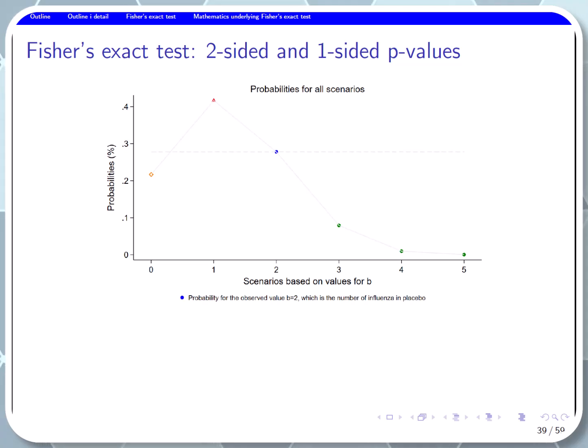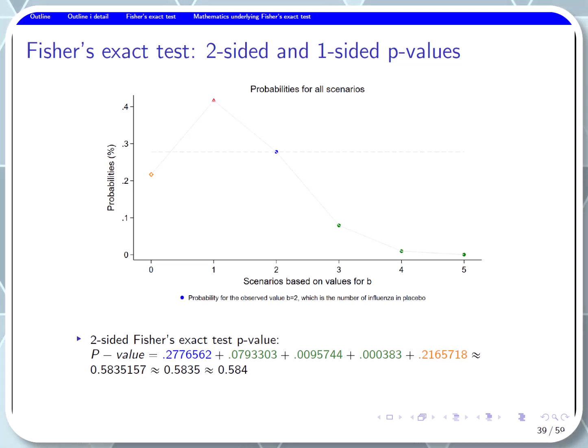The gray circles are the probabilities smaller than the probability of the observed scenario and on the same side. The orange rectangle is the probability smaller than the probability of the observed scenario, but on the opposite side of the observed scenario.